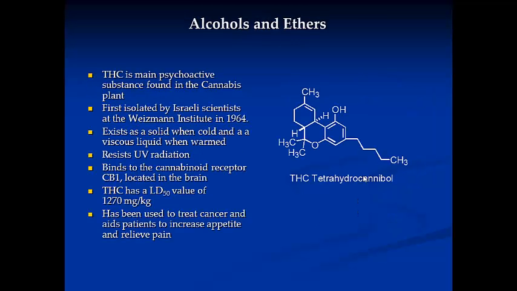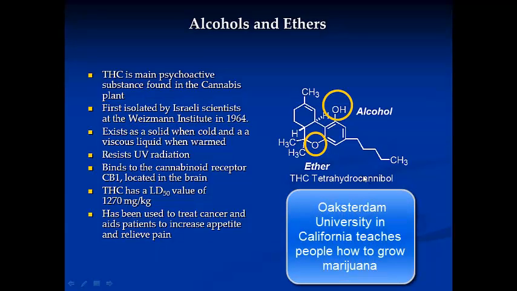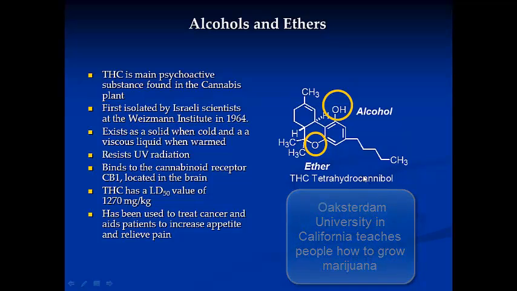Now let's look at some compounds that contain them. This is THC, tetrahydrocannabinol. It is the principal component in marijuana, the part of the compound in marijuana that actually makes you feel quote unquote high.